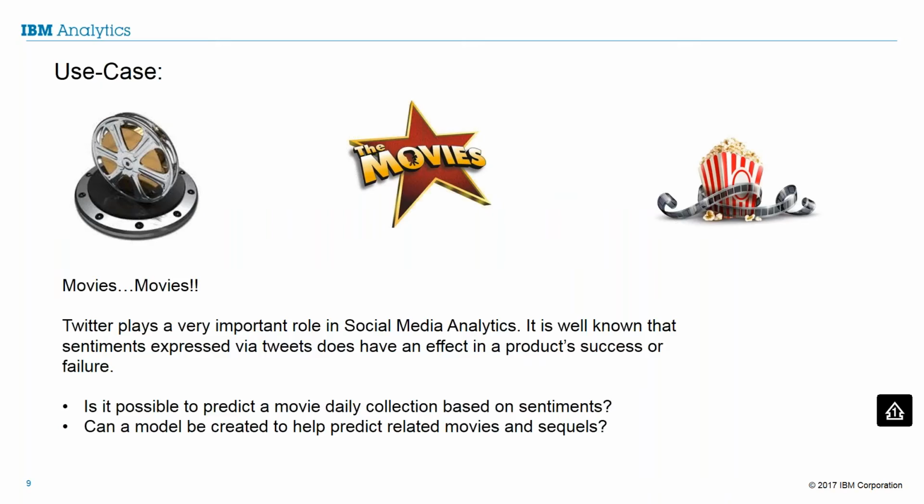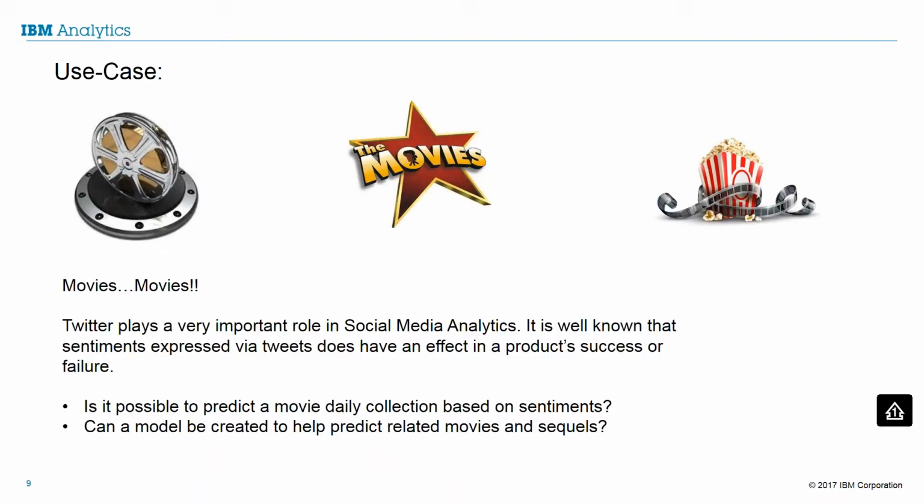And finally, on the use case that we will be covering today, it's all about movies. We love movies, and we all know that Twitter plays a very important role in today's world when it comes to social media analytics. And the tweets or the sentiments expressed do play a role in some form in the success or the failure of products or movies in this case.